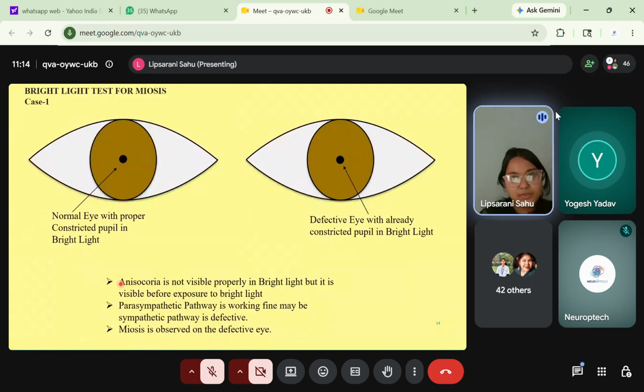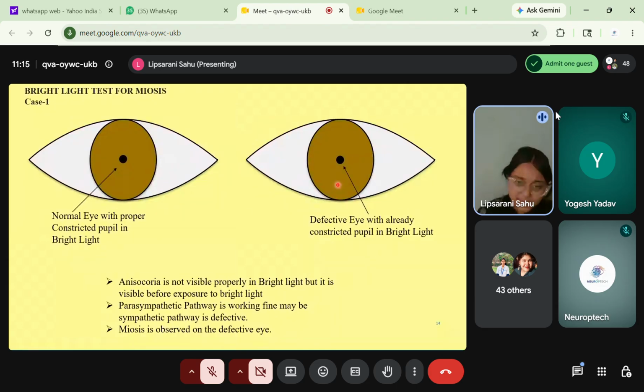From this we can conclude that the anisocoria is not visible properly in bright light, but it is visible before the exposure to bright light. So the parasympathetic pathway is working, maybe, or the sympathetic pathway is defective.